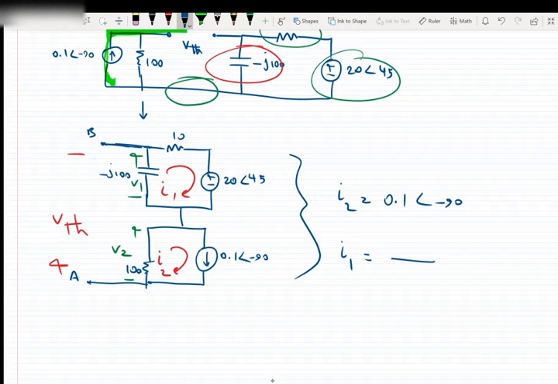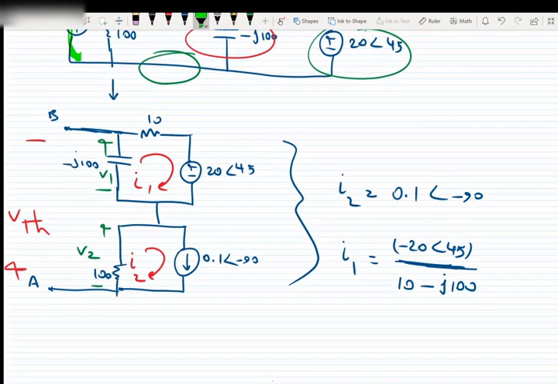For I1, we need to use Ohm's law. I1 is the voltage, negative 20 with the angle of 45, over the total impedance, so 10 minus J100. Why did I say negative 20, not 20? Because if you look at this circuit, we see that the current is exiting from the negative terminal of the voltage source.